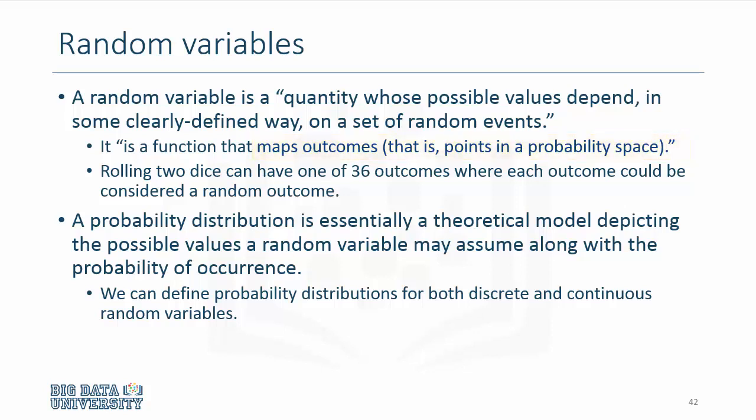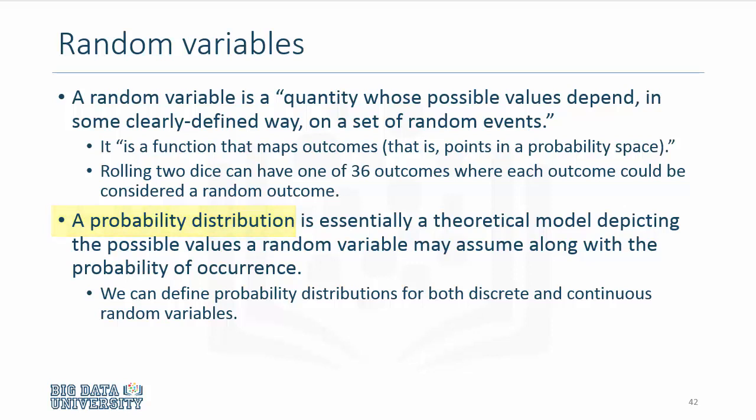If you roll a die, it can have 1 out of 6 outcomes, so that's the probability space there. If you roll 2 dice, you can have 1 out of 36 outcomes, where each outcome could be considered a random outcome. And the probability distribution is a theoretical model that depicts the possible values any random variable may assume, along with the probability of its occurrence.